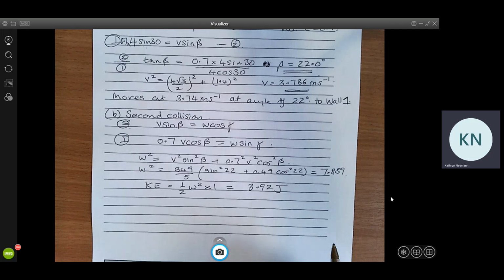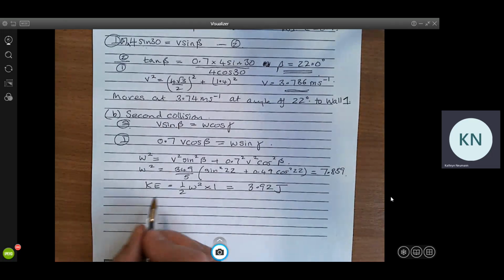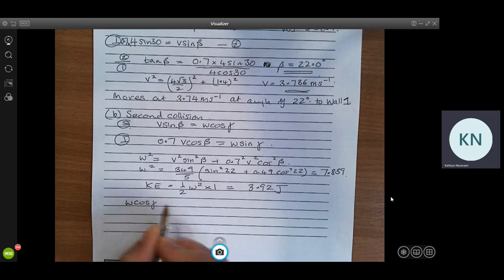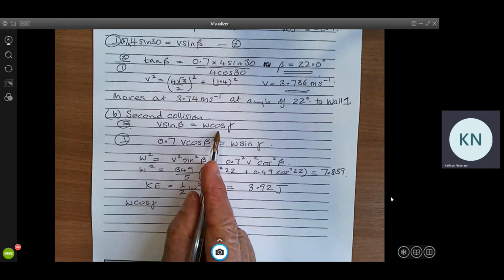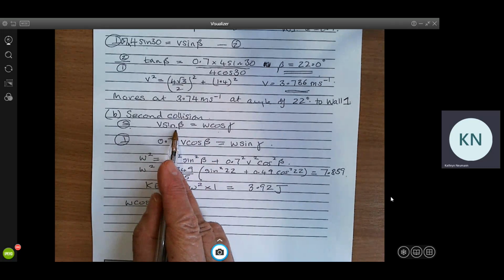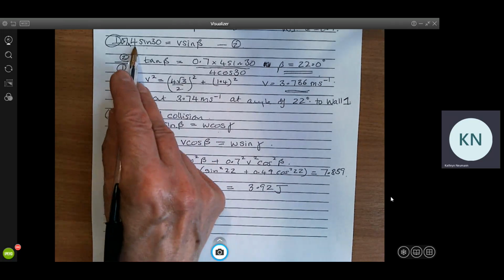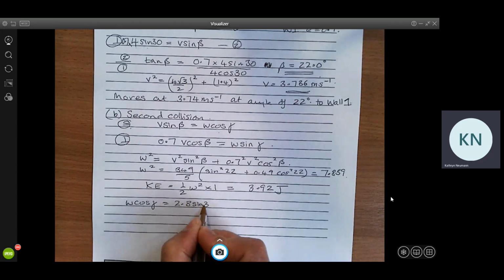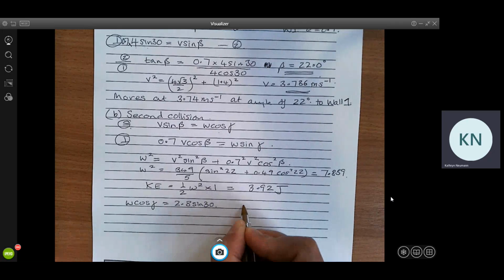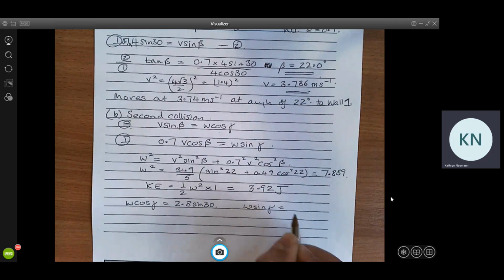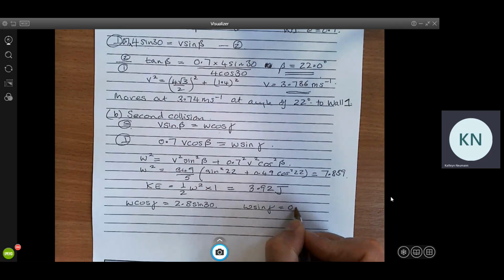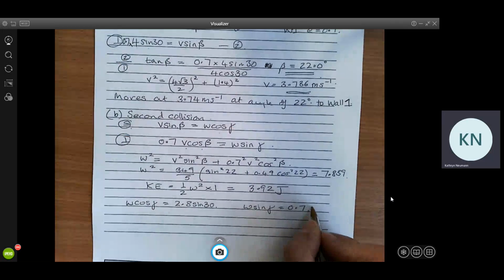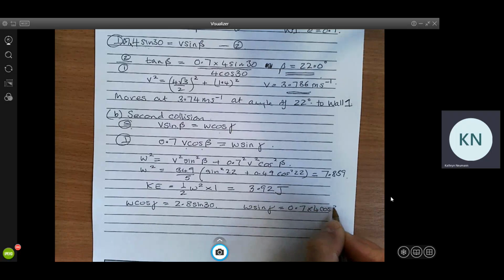So what we could use here is that W cos gamma, using that equation, is equal to V sine beta. And V sine beta up here is 2.8 sine 30. We've also got that W sine gamma is equal to 0.7 multiplied by V cos beta, which is 2.8 cos 30.